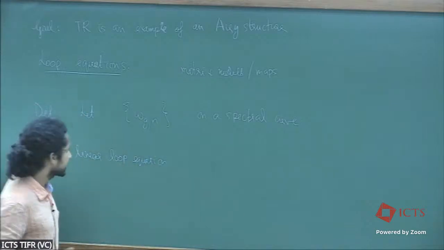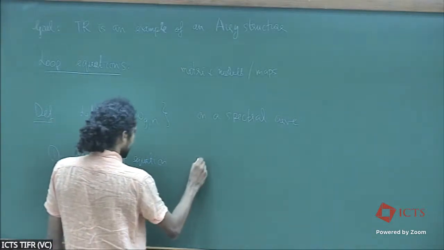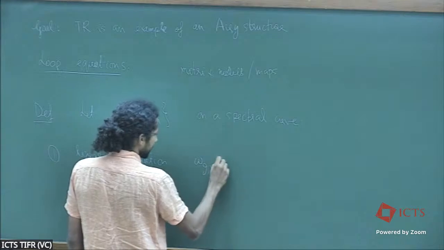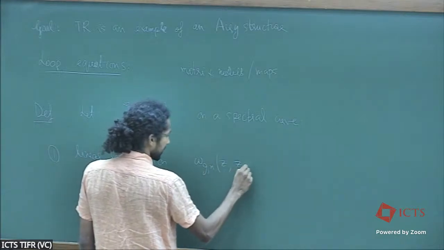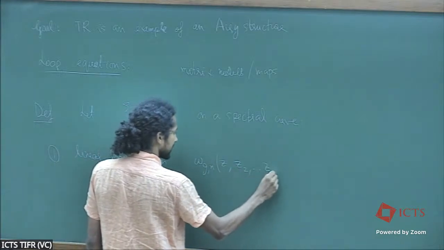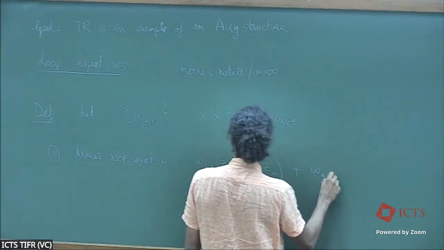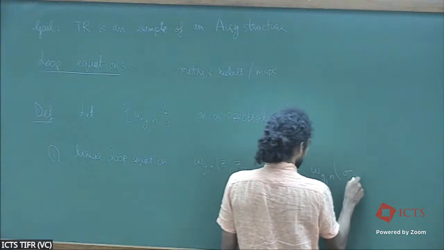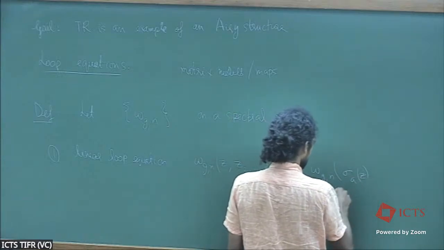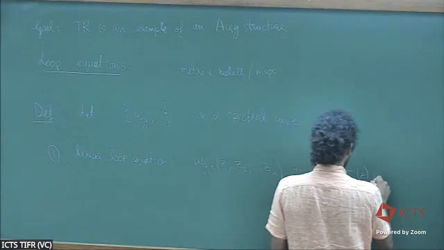It says that if you take omega g,n of z, and I don't care about the rest of the variables, z2 to zn, so everything is happening in z, I take this involution that Ali defined, the local involution at the ramification points.